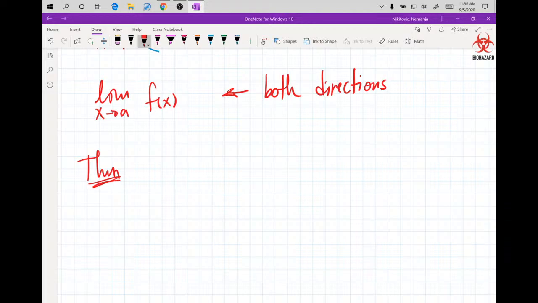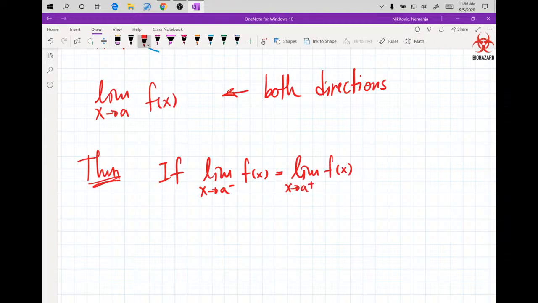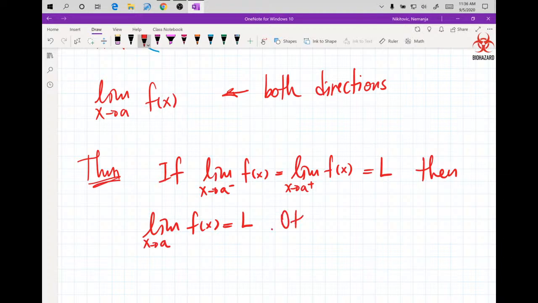All right, so now we can write that theorem, and that theorem will just help with this question as well. The theorem says if the limit as x approaches a from the left of f of x is the same as the limit of f of x as x approaches a from the right, equal to some value L, then the overall limit of f of x equals L. Otherwise, limit does not exist.